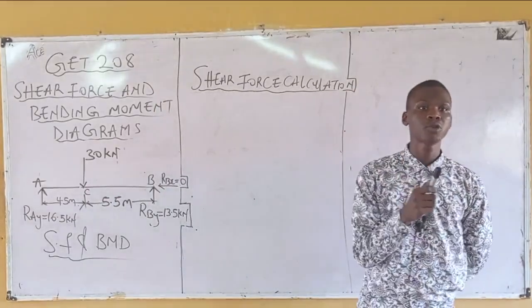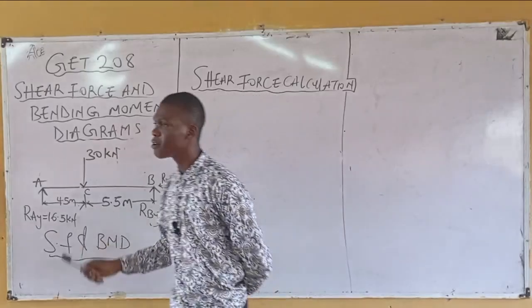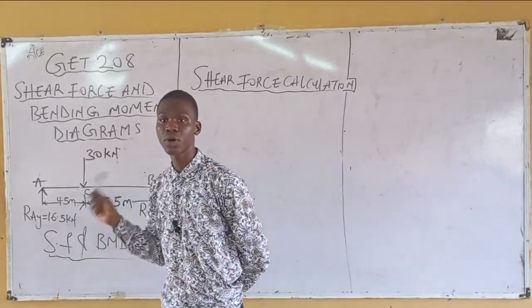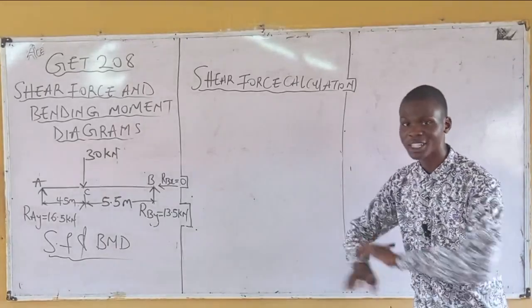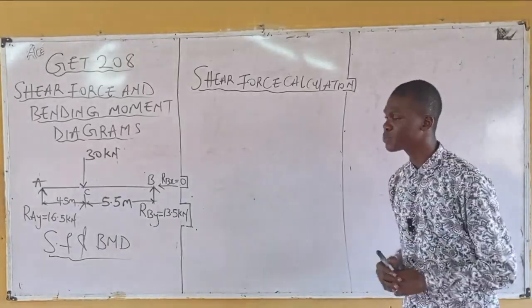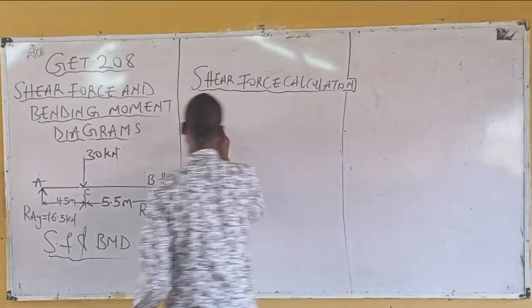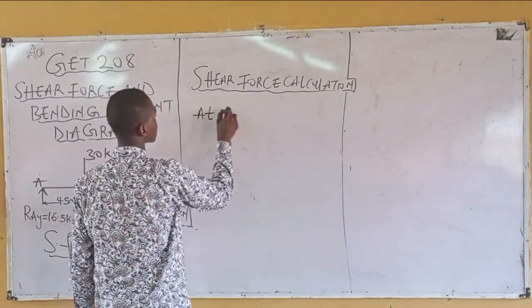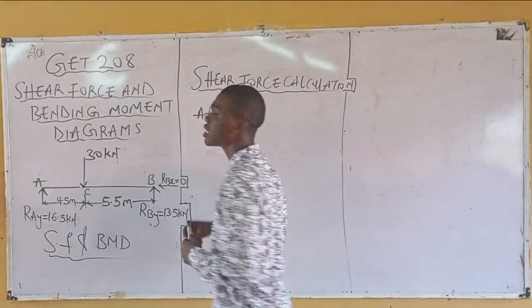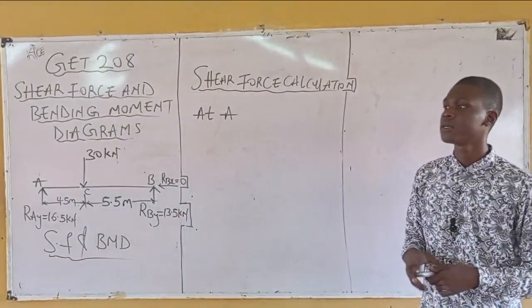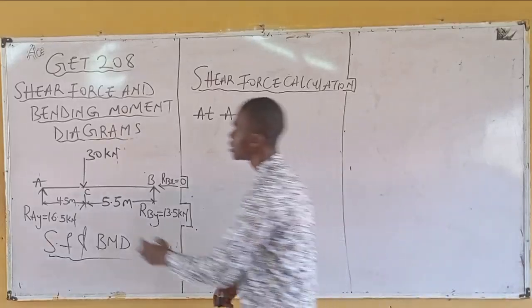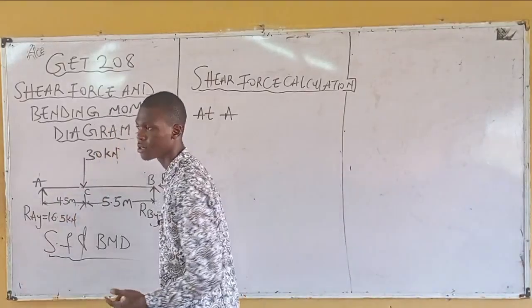Alright, now from here, shear force calculation. I said you calculate the value of shear force at each point. How many points do I have here? This will be an interactive class now. What's the first point? A. So right at A, what's the value of x at A? When I say x, meaning exactly 0.